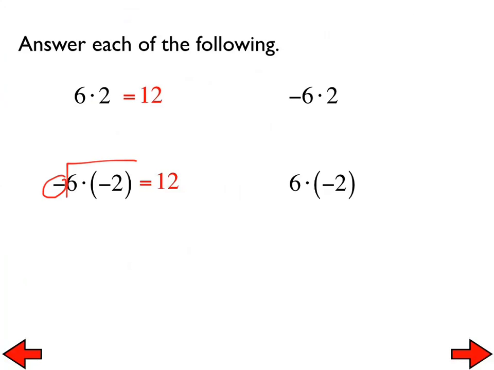Opposite of 6 times negative 2. 6 times negative 2 is negative 12. The opposite of that is 12. Same thing with this one right here. The opposite of 6 times 2. 6 times 2 is 12. So the opposite of that is negative 12. And then the last one, 6 times negative 2. Positive or negative? Negative. Negative 12.